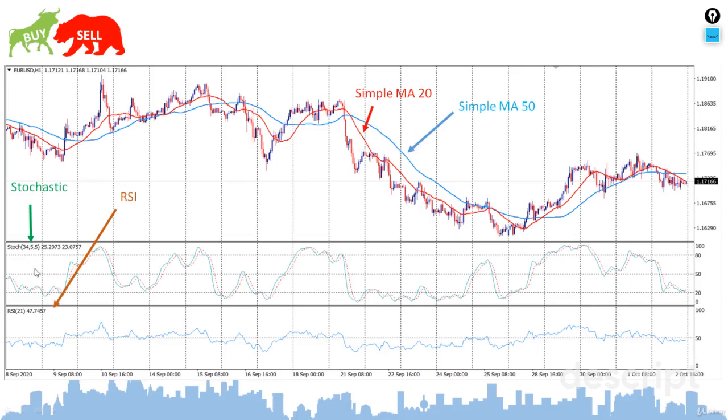And here we can see the stochastic with its parameters 34, 5, 5, and the RSI 21 periods. In the RSI, I'm using just the 50 horizontal line, but in the stochastic I'm using three: the 80 horizontal line, the 50 horizontal line, and the 20 horizontal line also. So this is how my trading platform looks.